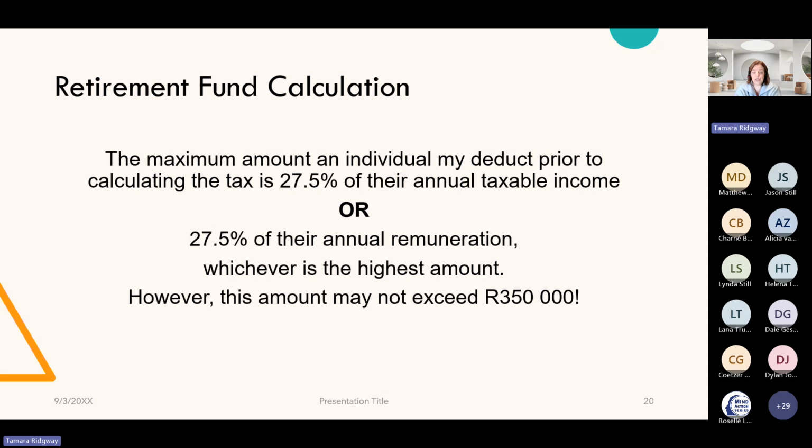Or of their annual remuneration, whichever is the highest amount. However, this amount may not exceed 350,000 Rand. So the best way to do this is with examples of how this works. I have two examples.